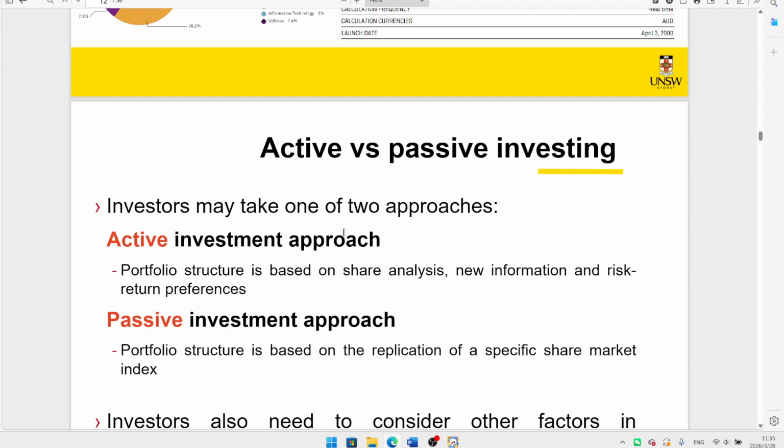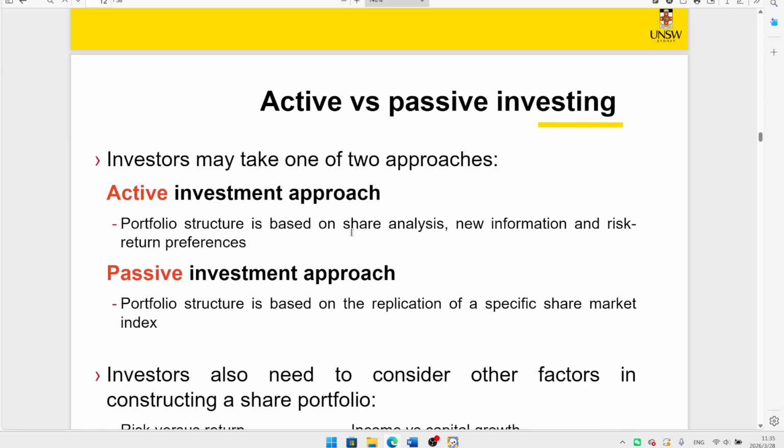For active investment, we know that it is based on portfolio structure, based on new information and analysis.